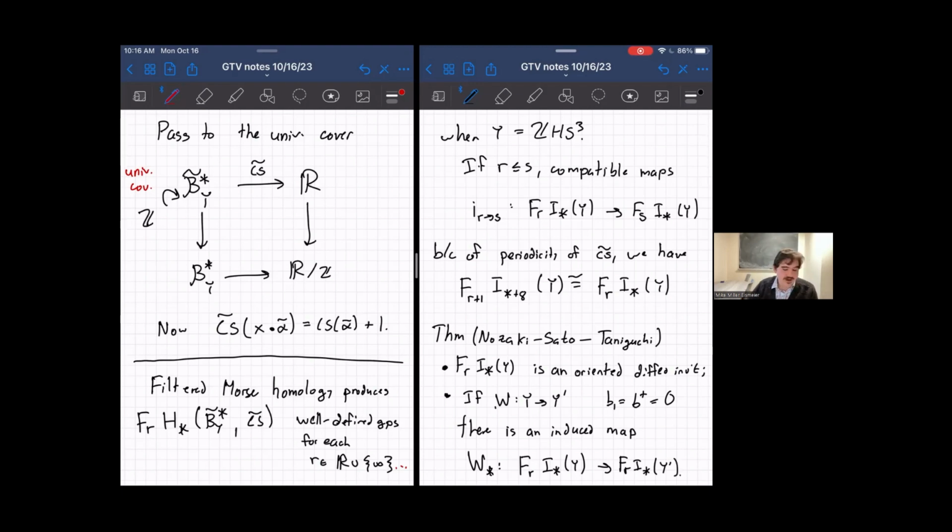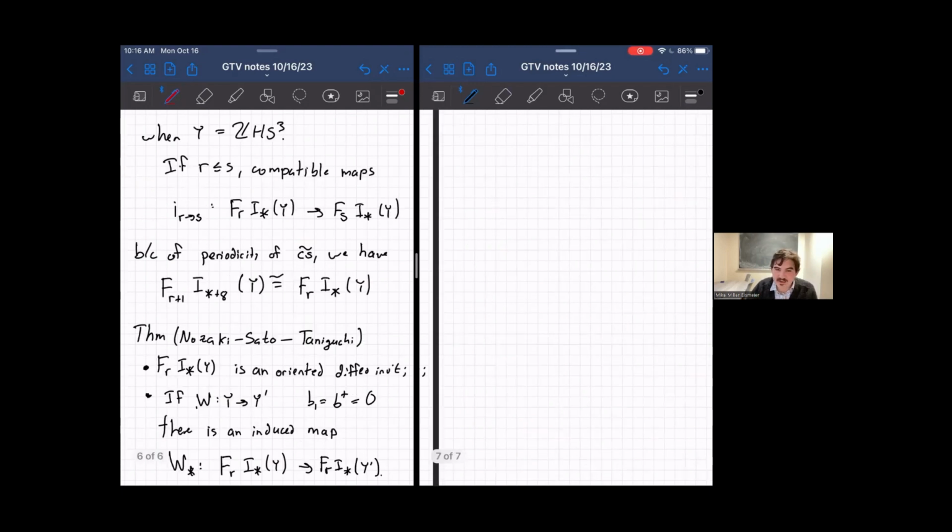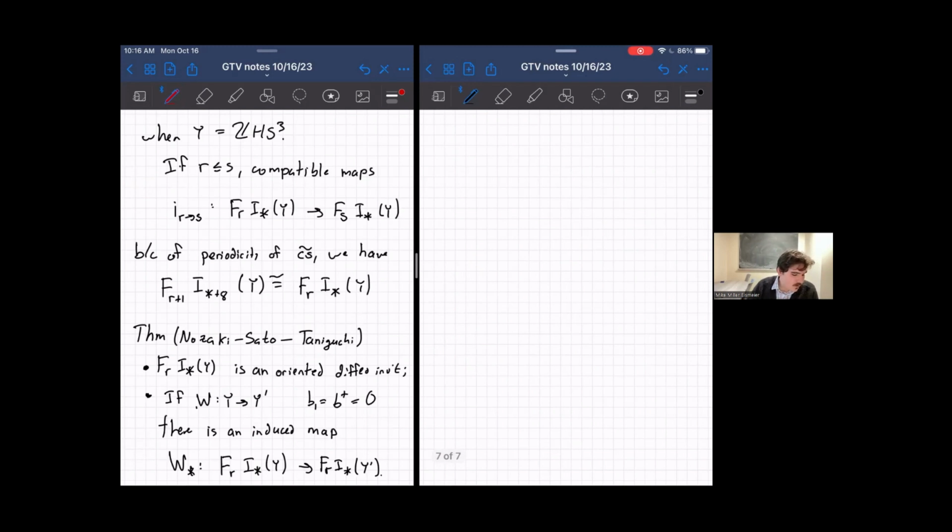This plus some functoriality for composites of these is what gives you that diffeomorphism invariance, independence of perturbation to begin with. They use this for the purpose of homology cobordism invariance.